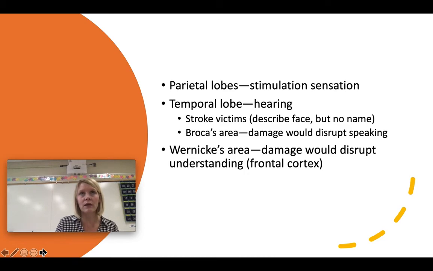So you could probably speak, but the words would be jumbled and you wouldn't be able to understand. You could hear, but you literally can't figure out what the sentence structure would mean because there was damage to that comprehension and understanding in the brain, in this area called Wernicke's area.